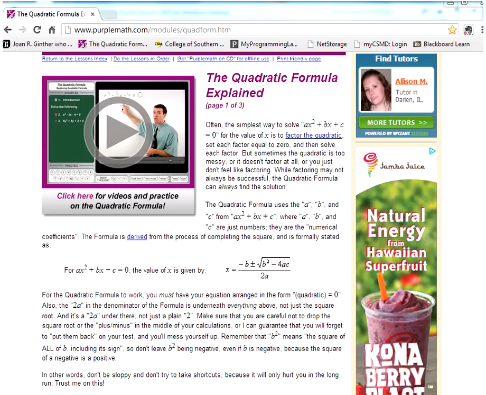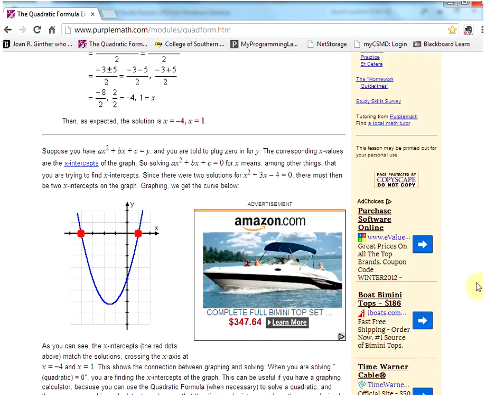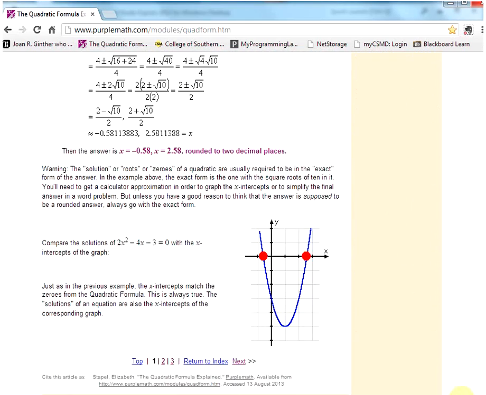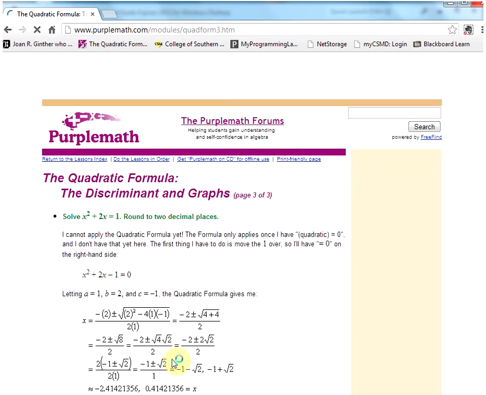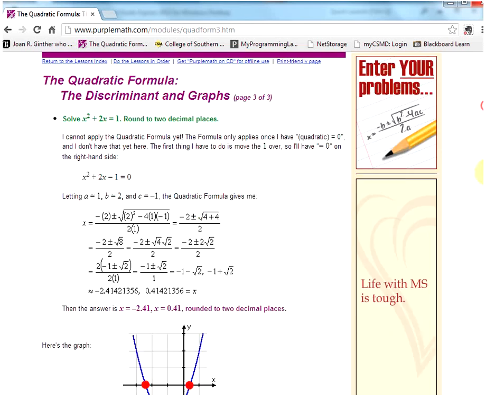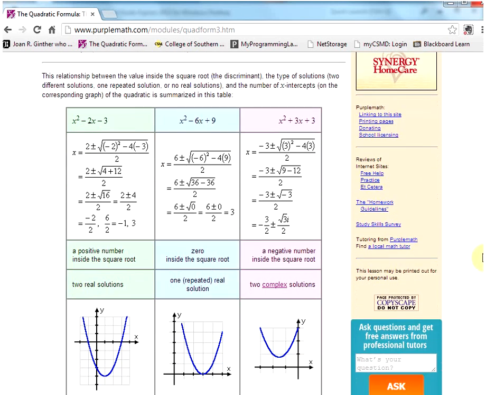And this discusses that. I'm not going to go much further with that, except I'm going to show a nice little summary they have here. Again, this is a reminder. If you don't know it, then you might want to think about it a little more. Here, I have a positive number inside the square root, and I get, in this case, two solutions. Here I have a zero inside the square root, so I get, again, two solutions, but they're the same, or one repeated solution, same thing.